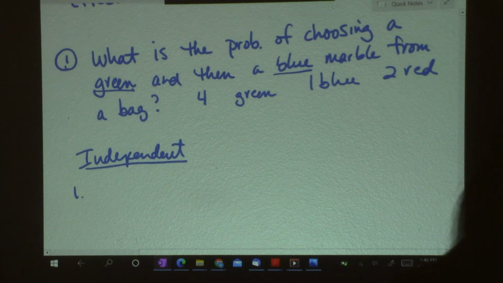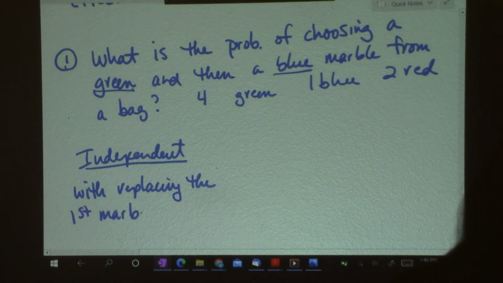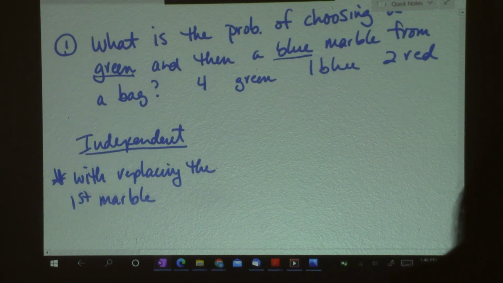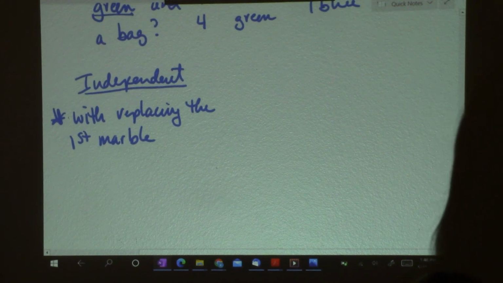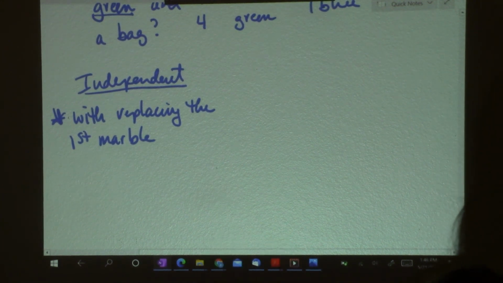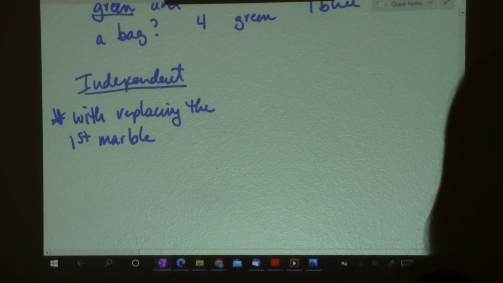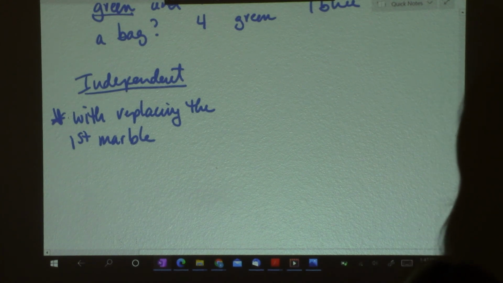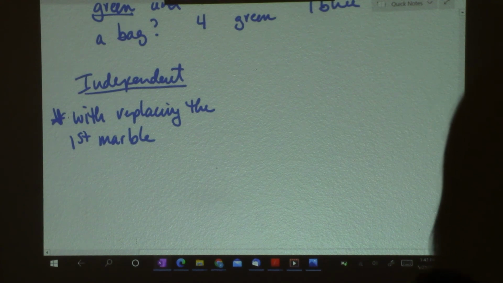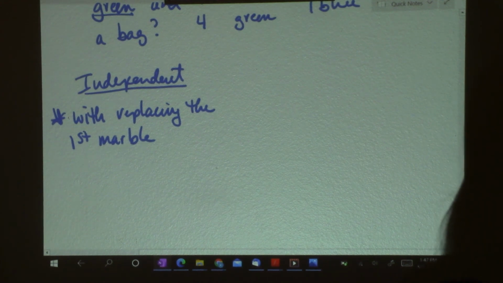Okay, this is with replacing the first marble. Okay, that keeps it independent. So if I have 7 marbles, I take out a green one and then I put it back and I choose again. So the possible marbles in the bag are still 7, and they're still the same colors that I had the first time I chose one.